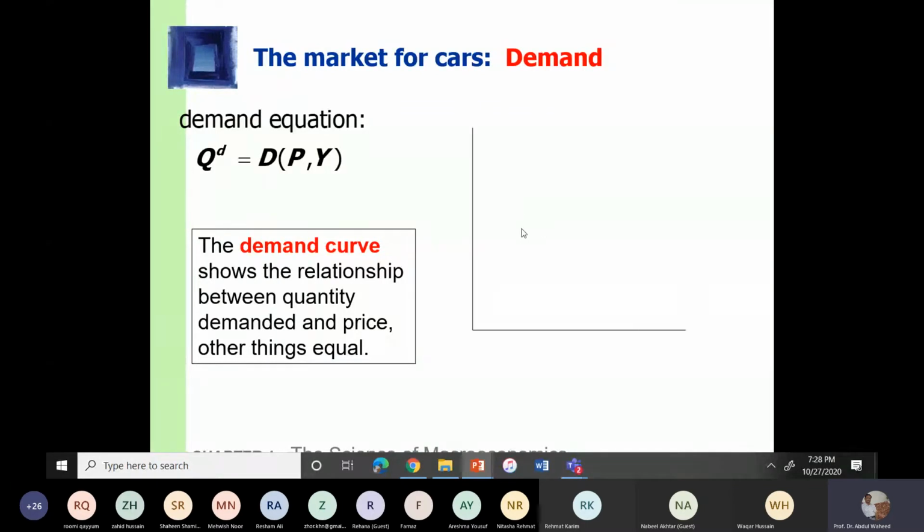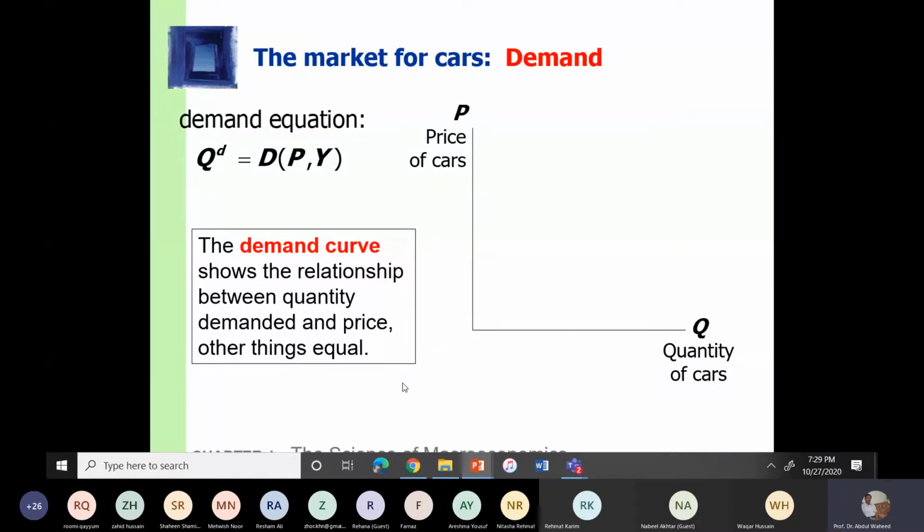So here you can see this is the vertical axis, this is the horizontal axis. We are taking price here, and quantity of cars here.